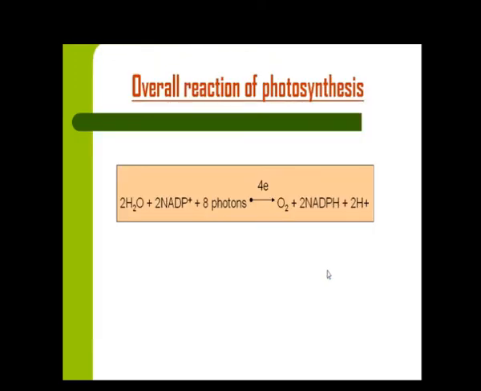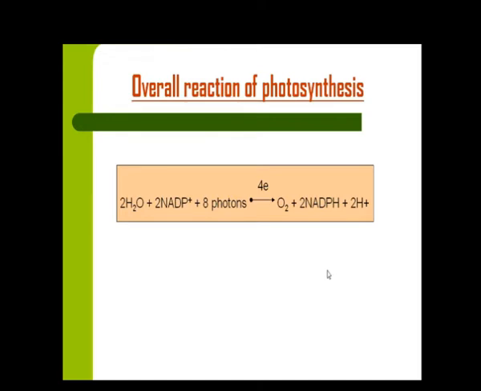So the overall reaction of photosynthesis: water and NADP. NADP is getting reduced to NADPH plus H plus. Water is being oxidized to oxygen. 4 electrons are required to make one molecule of O2. How? H2O has just one oxygen.